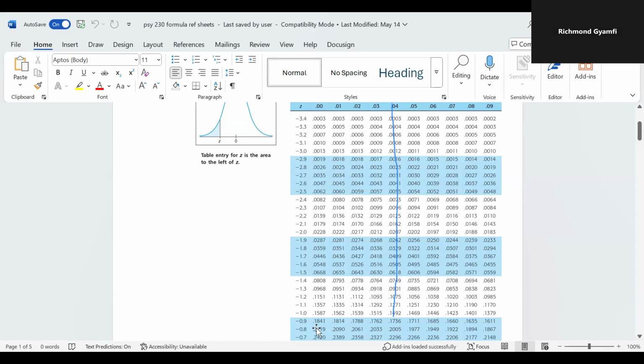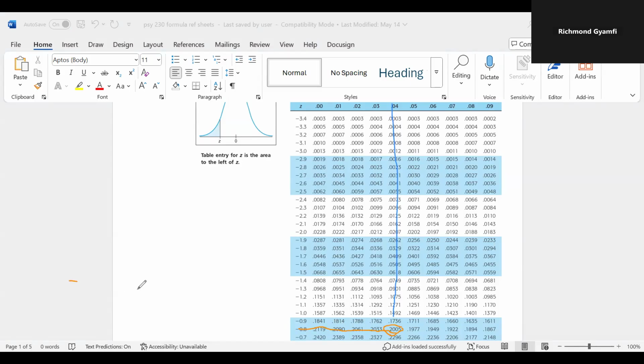Okay. I think something happened to my screen. So let me try this again. Yep, that is 0.8, that is 0.4. So it's going to meet out here. And that is 0.2005.